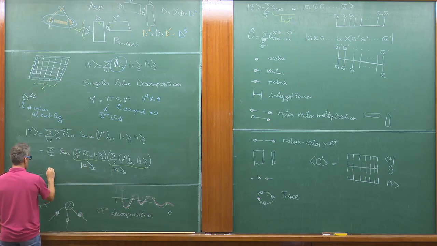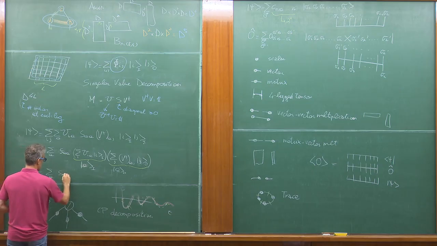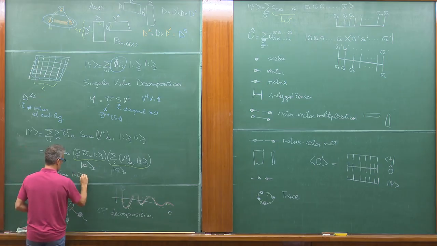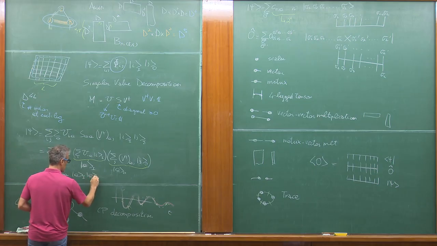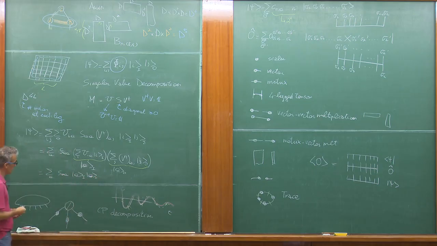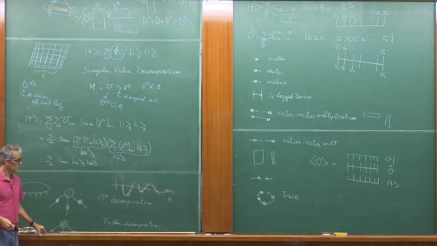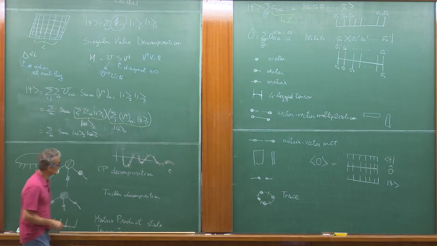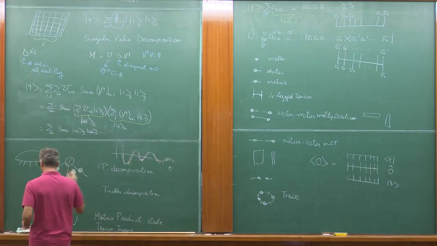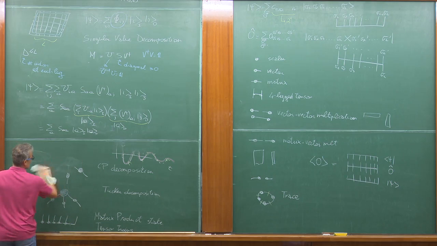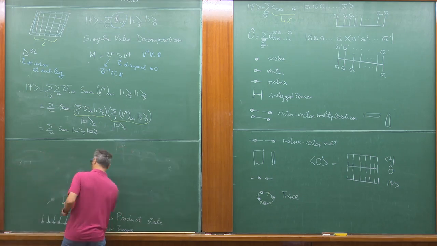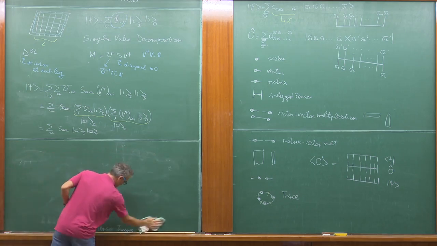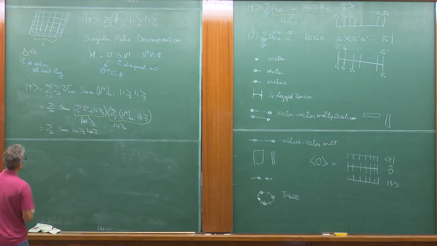So I can rewrite it as the sum over a of S_a |a>|a>. And this is beautiful because this is basically the Schmidt decomposition. And the useful part of this is that all these a's are orthogonal with each other, and all these are orthogonal with each other as well.